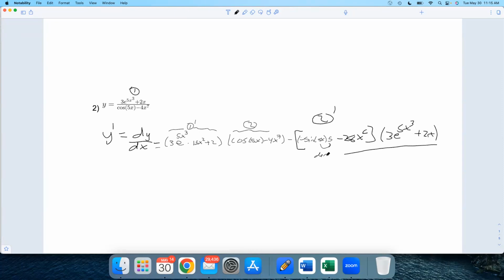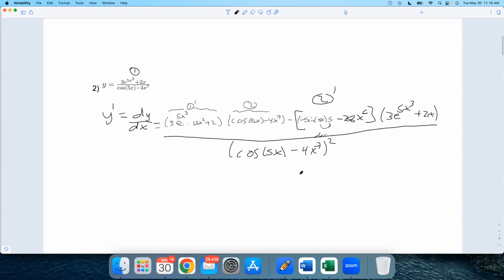All over the bottom squared. So I have to put the whole bottom in parentheses squared. And maybe this would clean up, maybe it won't. There will be times when we need to clean something like this up, but for right now, we're just taking a derivative and we'll leave it looking nasty like that. I don't care.